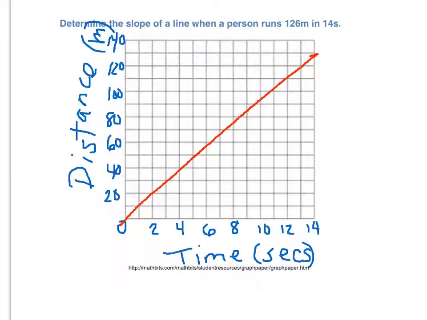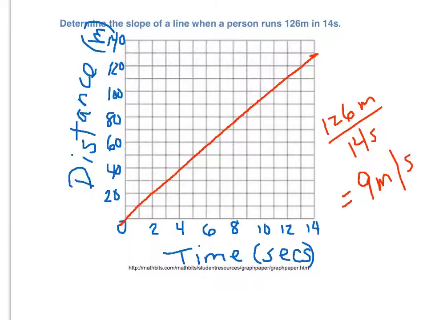Now, the speed that this person was traveling, to find that, you can divide 126 meters by 14 seconds. And you should find that their speed was 9 meters per second.